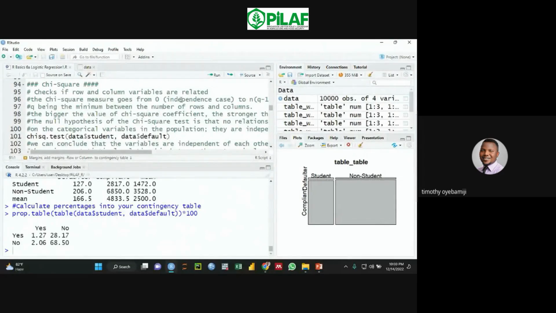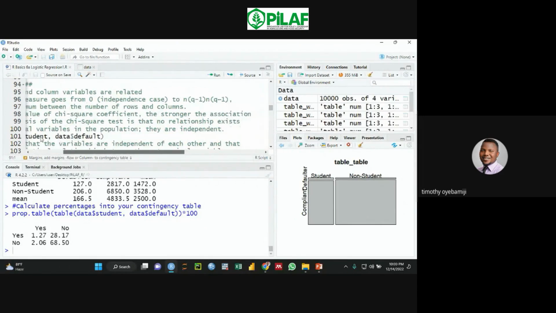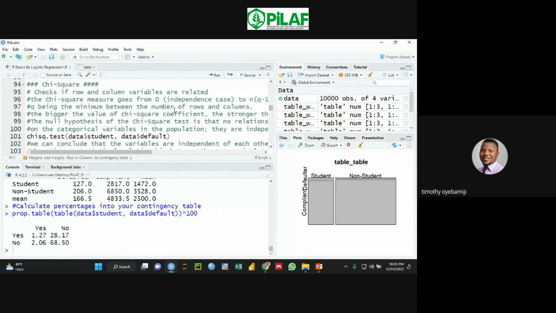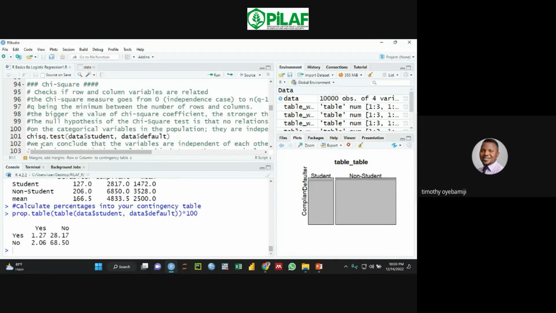The chi-square measure goes from 0, in a case where there is independence between them, to n(q minus 1), with q being the minimum between the number of rows and columns. All right. Now, the bigger the value of the chi-square coefficient, the stronger the association between the row and column categorical variables.